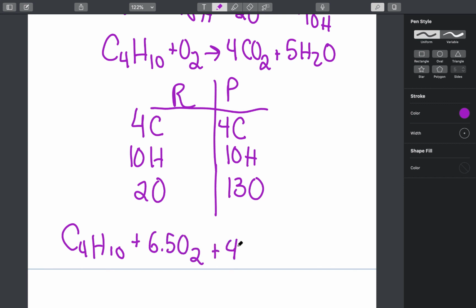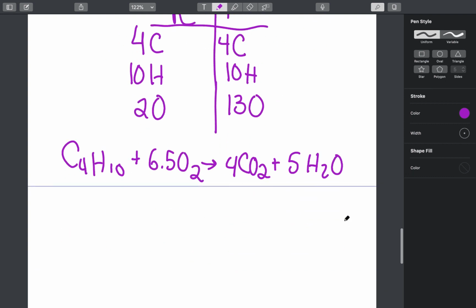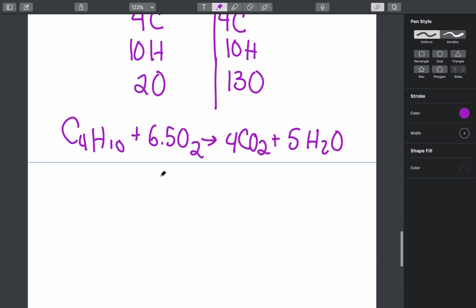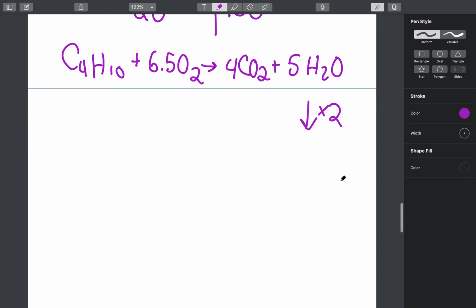Let's actually put the arrow there. That's a mistake. So C4H10 plus 6.5 O2 goes to 4CO2 and 5H2O. Now we can't have a decimal point here, so the thing that we can do now is multiply the whole equation by 2 in order to get whole number integers.